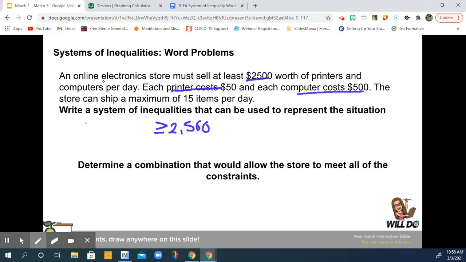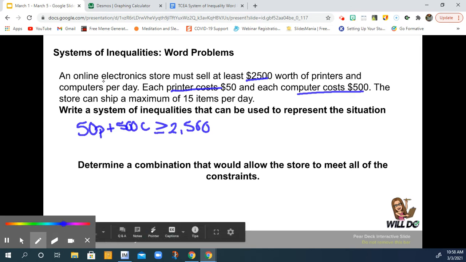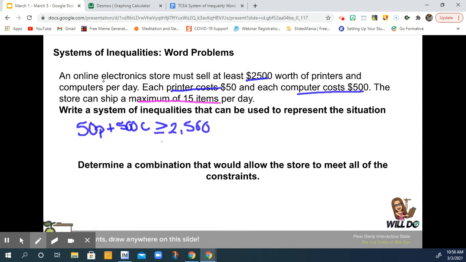The printers cost $50. I guess it was printers and computers. And the computers cost $500. Okay, now they can sell more, but they need to at least sell that particular amount. So they can only ship a maximum of 15 items a day. So they cannot go above 15, but they can do 15. So that's printers plus computers.